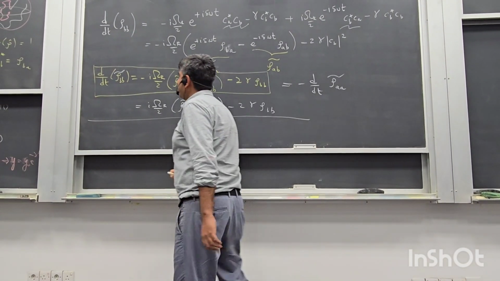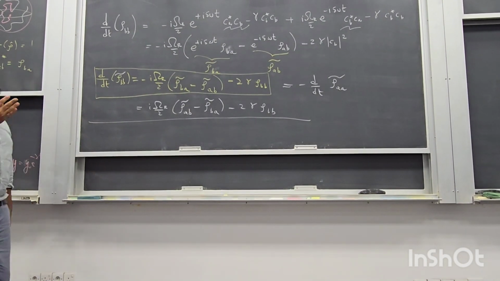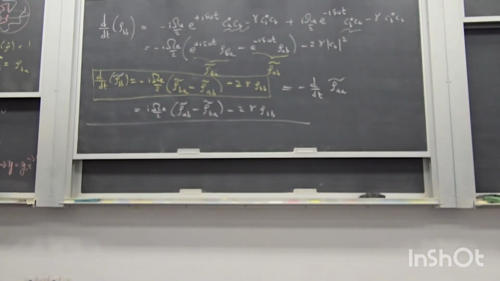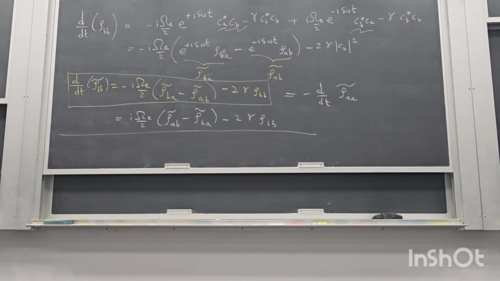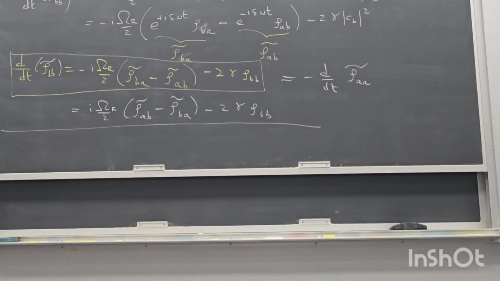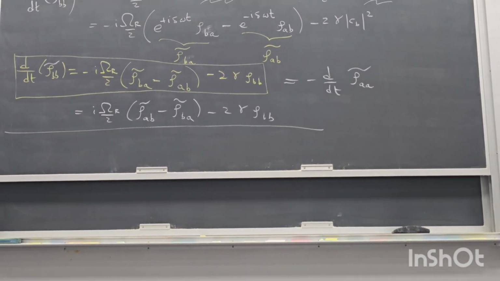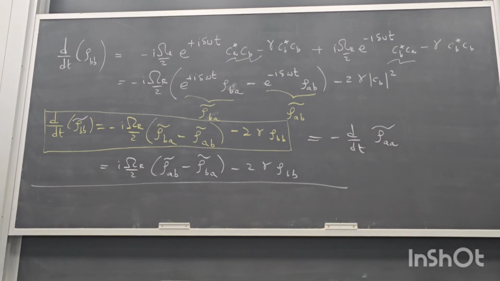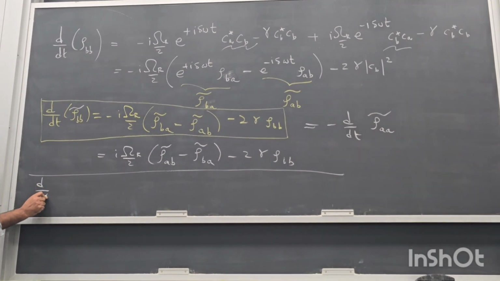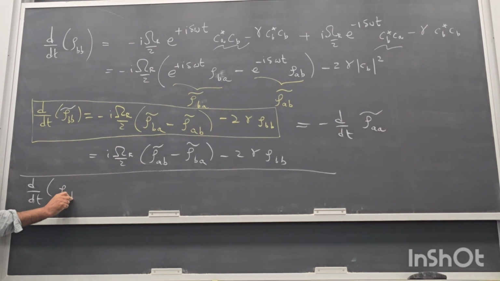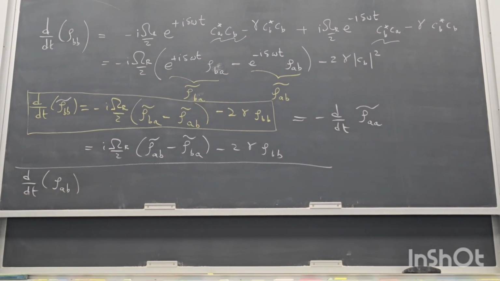Now let's calculate the rate of change of coherence. Now this is the rate of change of a population. Now I'm putting everything in terms of the density operator because I want to allow for damping to take place. Okay? Now let's find out the rate of change of a coherence, say rho AB.